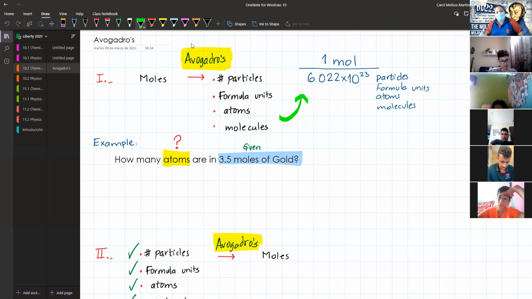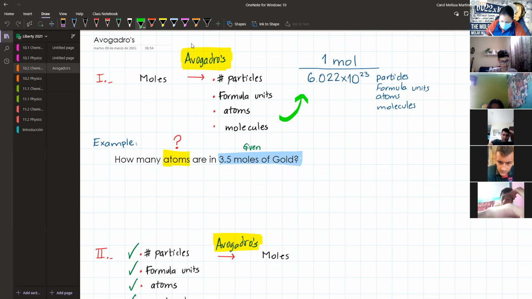For this kind of exercise, we always start with the given, just like we do in conversion factors. Just remember that in conversion factors, we always have a fraction format, where one element is in the top and the other part is in the bottom, like in a fraction, okay?